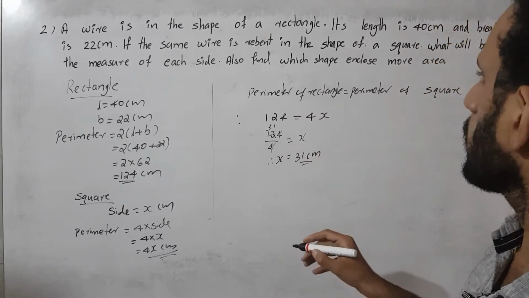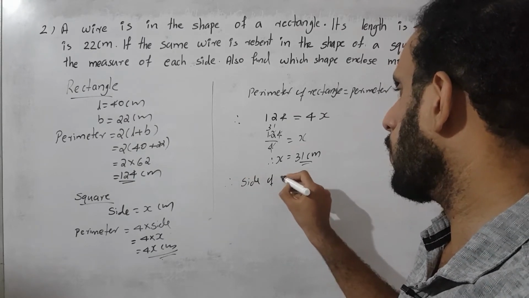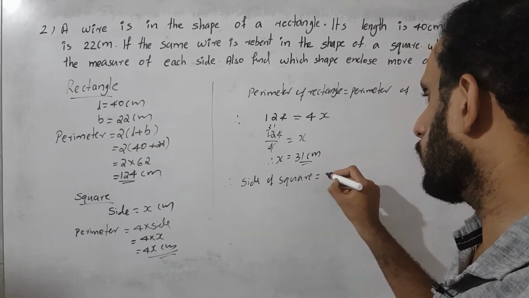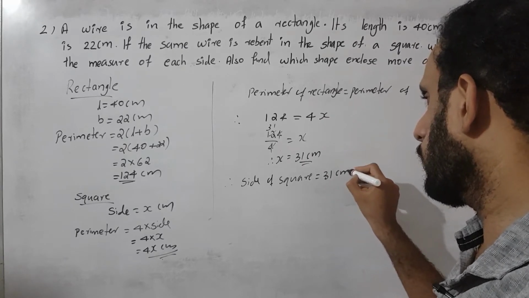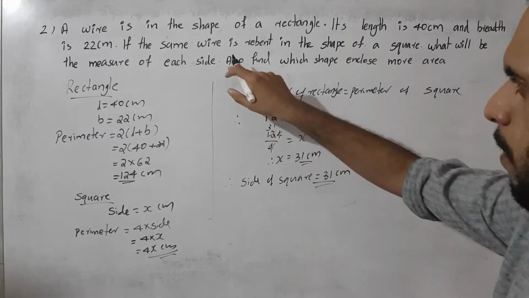Therefore the side of the square is equal to 31 centimeter. Then what is next? We need to find the area of both.